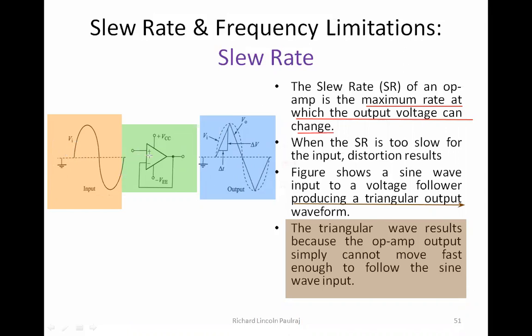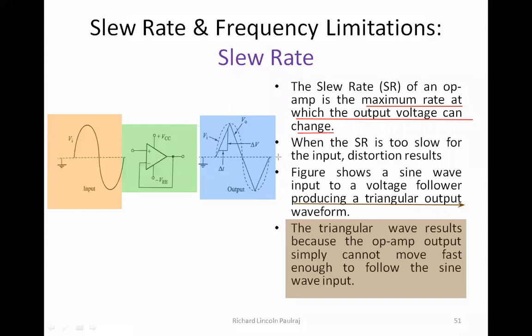You're passing the input potentials here, and then we have the circuit, which is in voltage follower format. Then you get the output signal, also taken with respect to ground. This symbol represents that it's with respect to ground, and then you get a waveform.